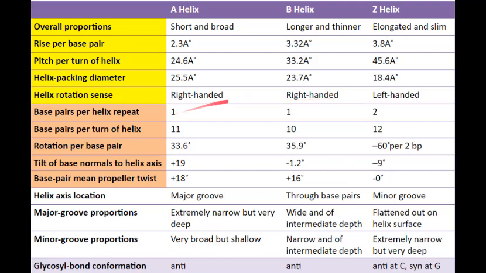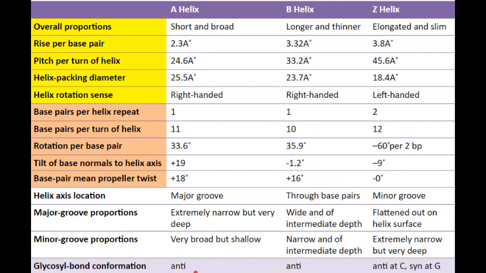Both are right-handed, only Z-DNA is left-handed. What is a very important thing about Z-DNA is its anti and syn configuration. You will see all DNA have an anti configuration of the sugar with the base. Anti and syn is the relation of the sugar with the base.